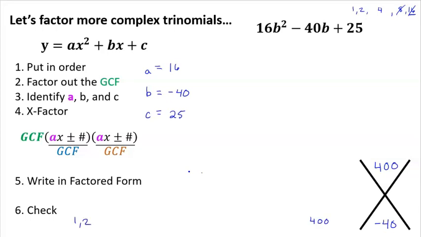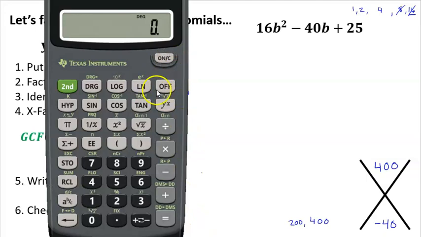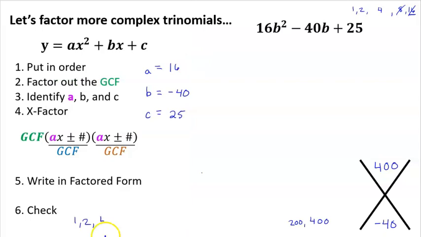We've got 2 and 200, and then you can try 3. So if you're not sure, 400 divided by 3 gives us a decimal, so we know that doesn't work. And then of course we have 4 times 100, so we're getting closer and closer to 40. And then we've got 5 times 80.